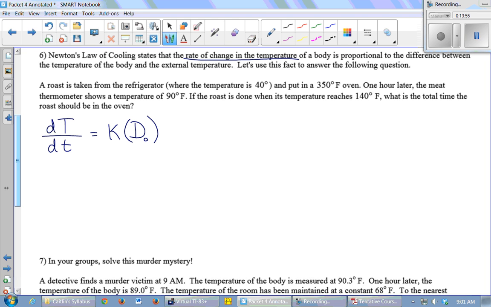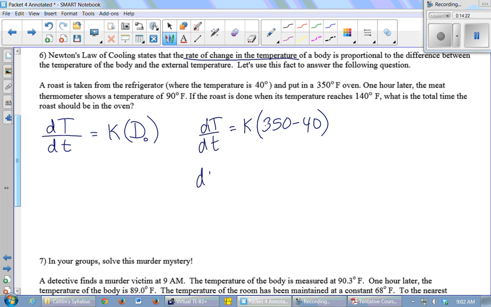For my roast example, I've got dT is equal to K times the initial temperature difference between the roast and the oven. 310 degrees. The roast starts at 40 degrees, put in a 350 degree oven. The difference between those two is 310 degrees.